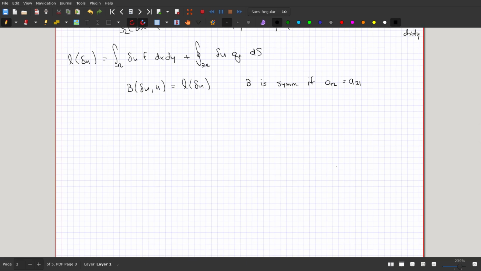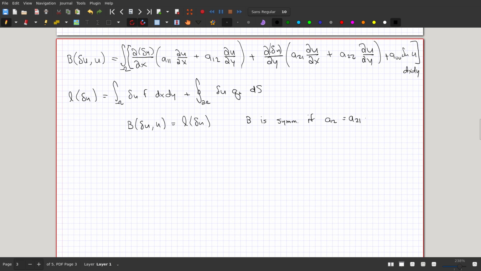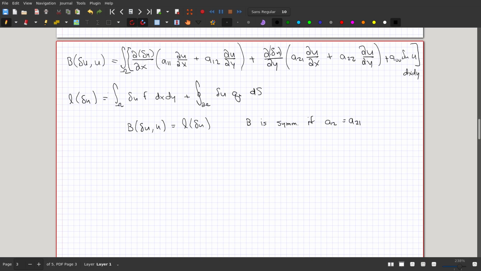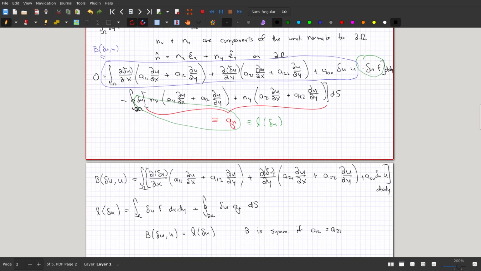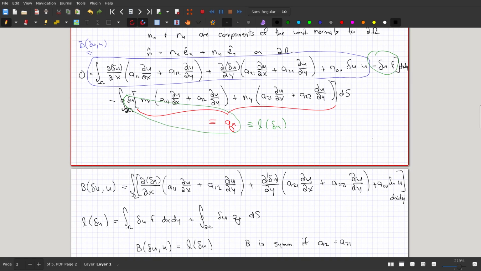Professor? Yep. That L del U term, shouldn't it be minus the integral of del U f dx dy? Yeah, I see what you're arguing, but if it's LU in this equation, then I moved it over already, from the previous equation. So if I put a negative and a negative, then I need to write B del U minus LU equals 0.